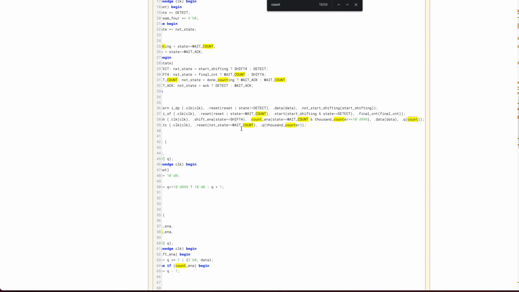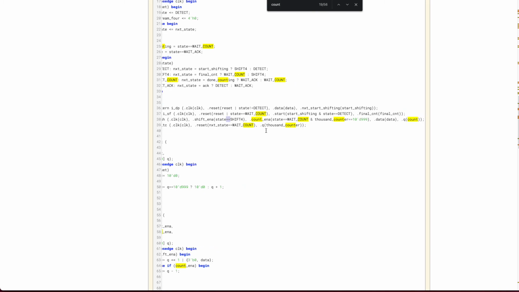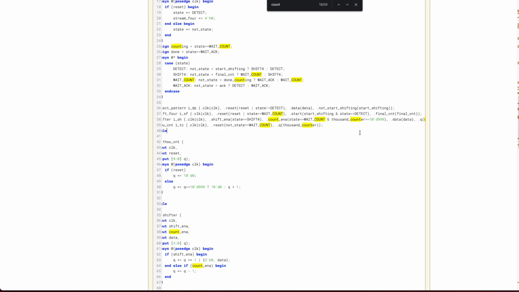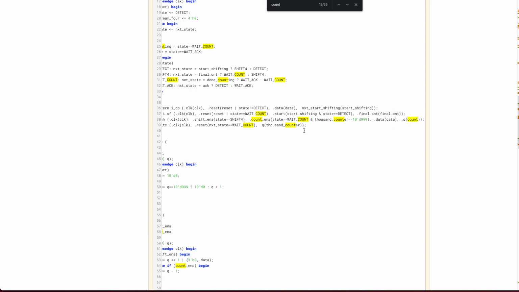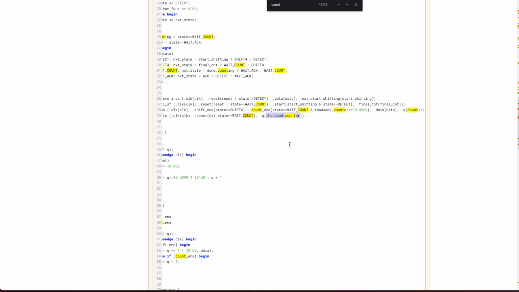So this would be 1 after shift 4, and my state will be wait count, and my 1000 counter is 0. So this is 999 and wait count.